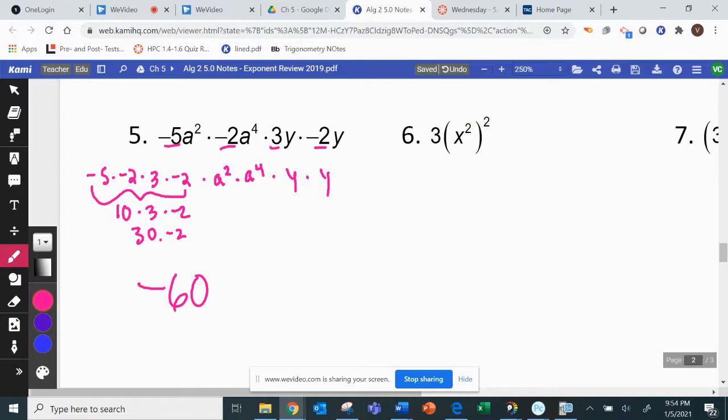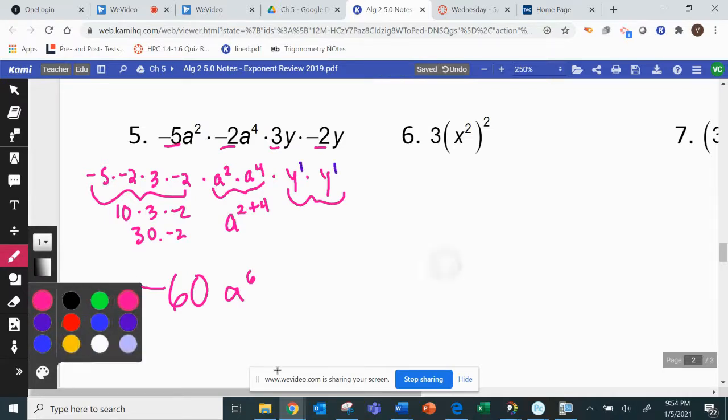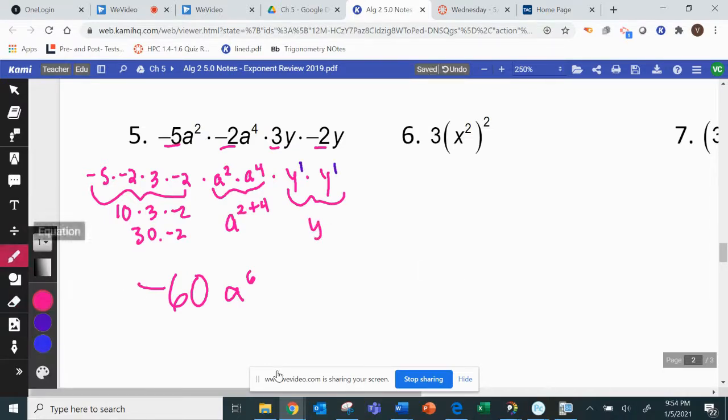So my number is done. Here I am multiplying like bases, so I will add the exponents, and I get a to the 6. Here I am multiplying like bases, so I will add my exponents, which are 1 and 1, and I get y to the 2nd.